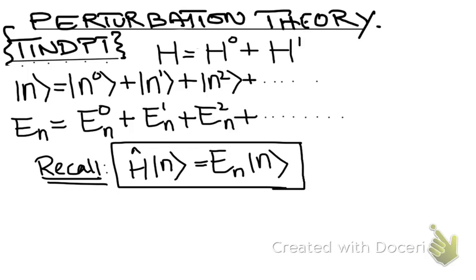It's the eigenvalue problem, right? Okay, so now we have defined our Hamiltonian in such a manner. All I'm going to do now is substitute this Hamiltonian in this eigenvalue equation, and I'm also going to substitute the perturbation series expansion for my states |n⟩ and my energy eigenvalues En. So let's go ahead and do that.